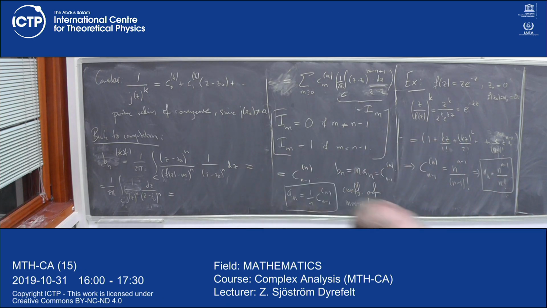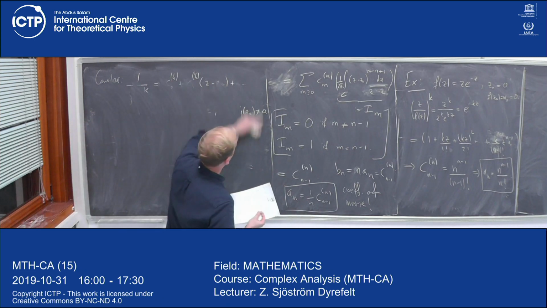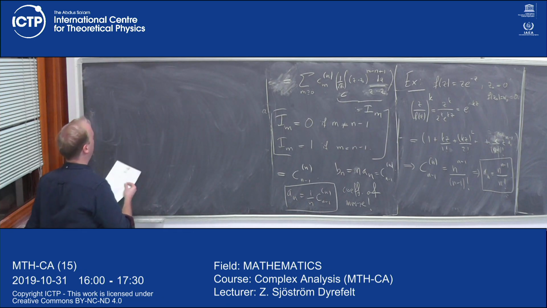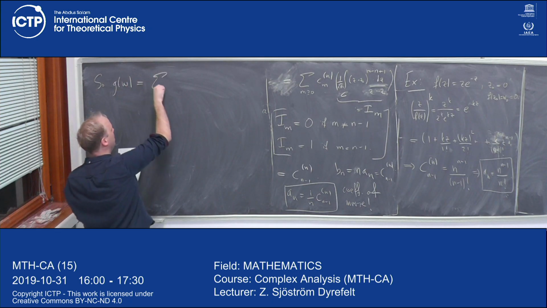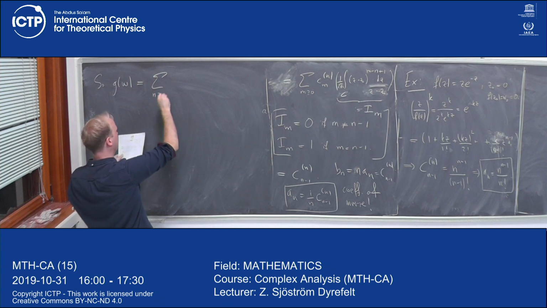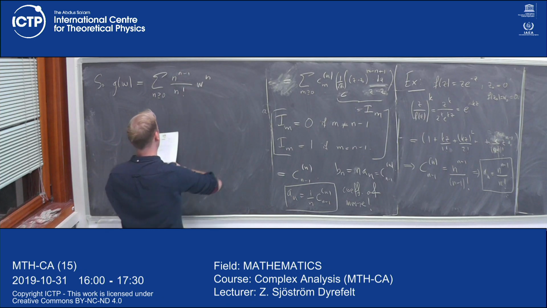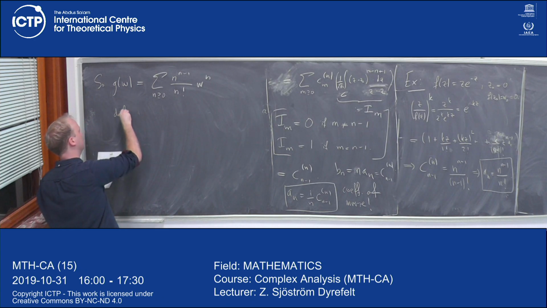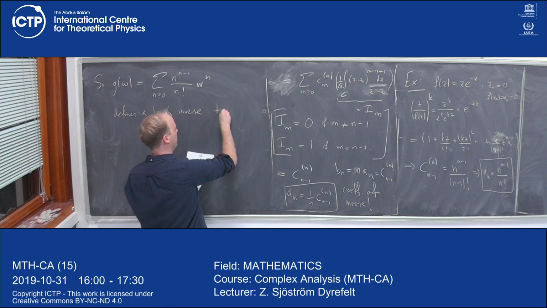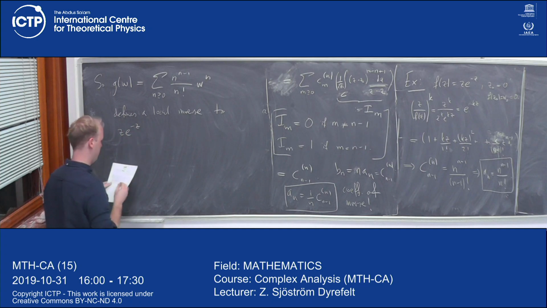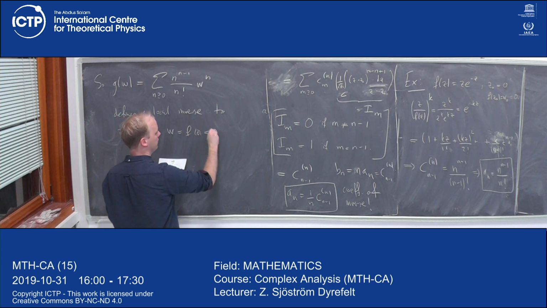So what it means is that precisely, it deserves a new board. Okay, so J of W is the sum of n to the n minus 1 over n factorial Wn, which defines a local inverse to z e to the minus z at W equals f of 0 equals 0, okay?